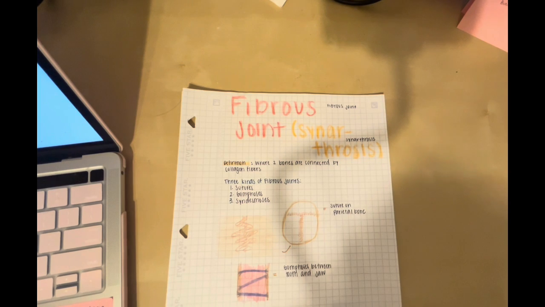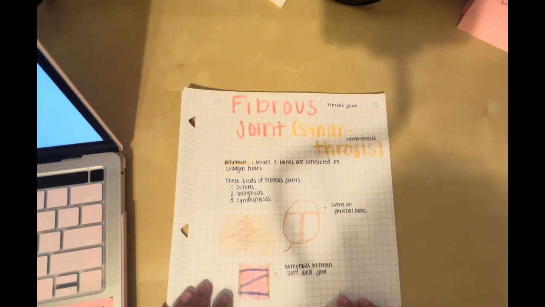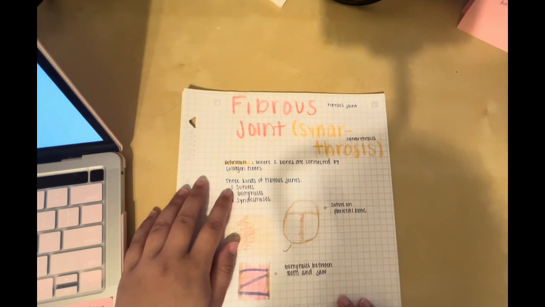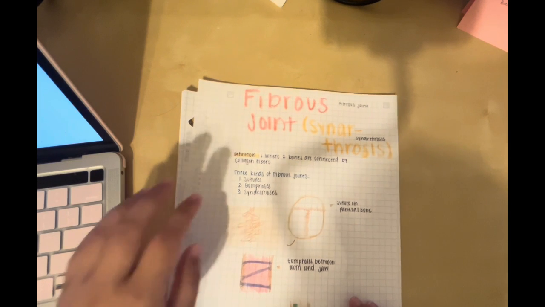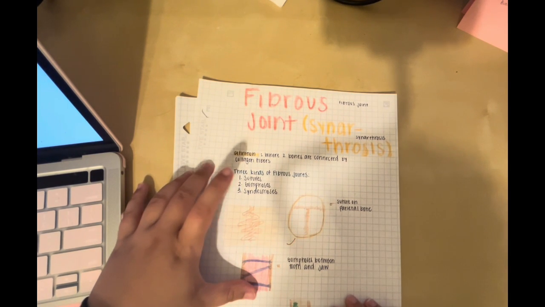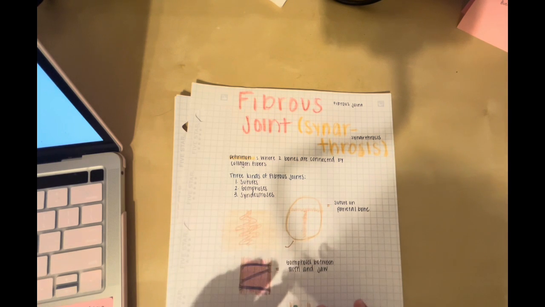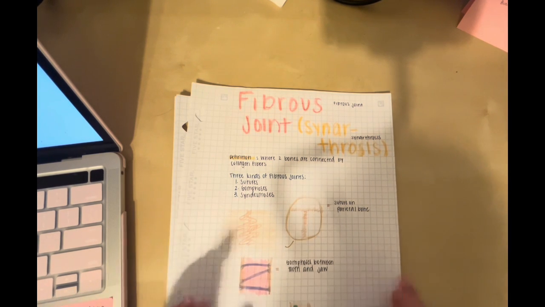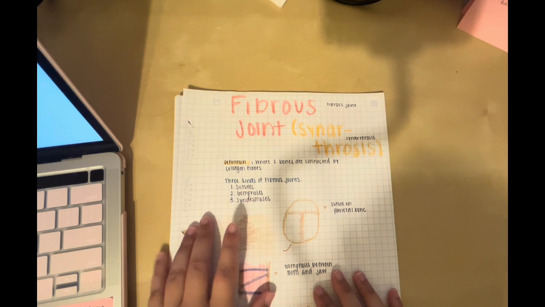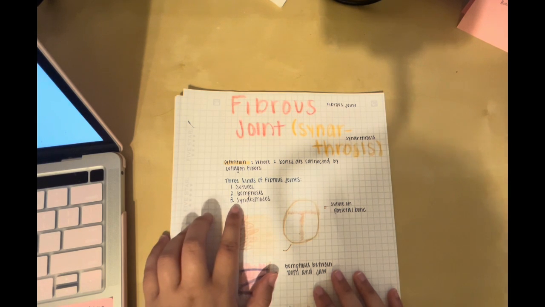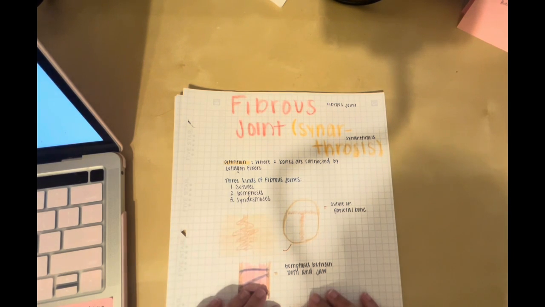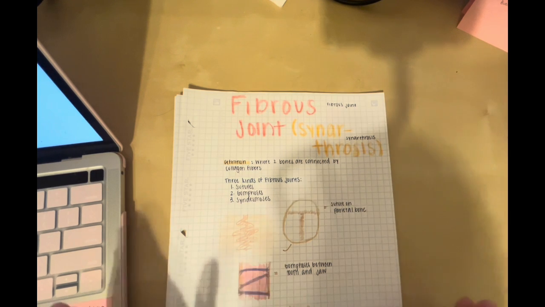There are 3 kinds of fibrous joints: sutures, gomphosis, and syndesmosis. In both the sutures and gomphosis, the fibers are very short and allow for little or no movement. And in syndesmosis, the fibers are longer and the attached bones are more mobile.